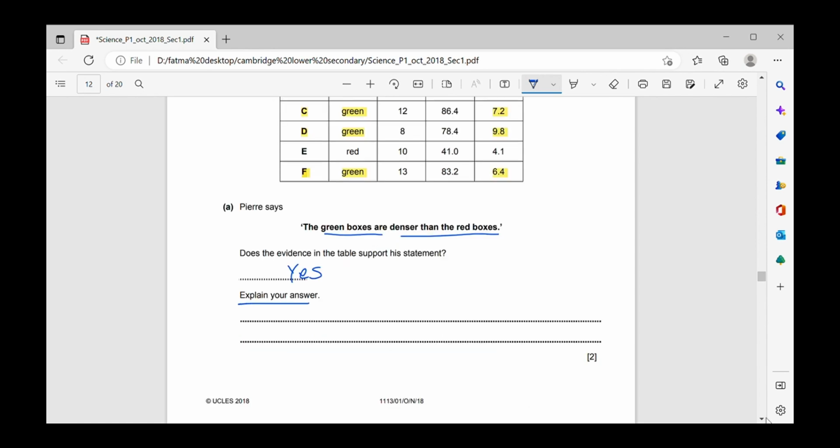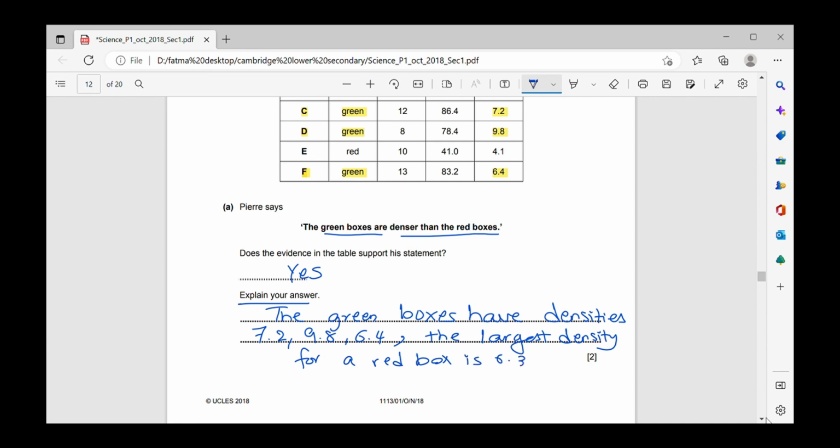Explain your answer. The green boxes have densities 7.2, 9.8, 6.4. The largest density for a red box is 6.3.